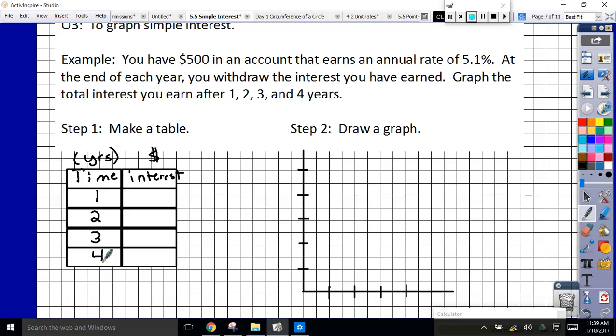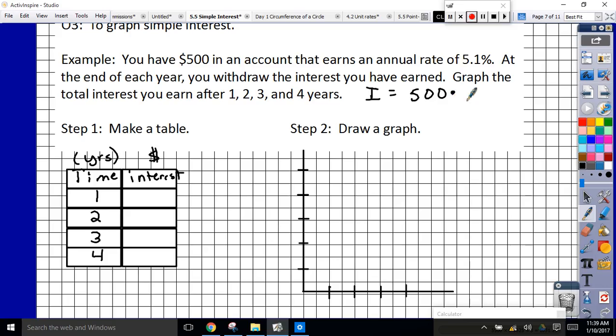I'm going to do interest equals, let's see. Bryant, can you fill that in for us? What would we multiply? I want to know the interest after 1 year. Well, what's my principal? $500. 500, so I'm going to do principal times, what's my rate? 0.051.